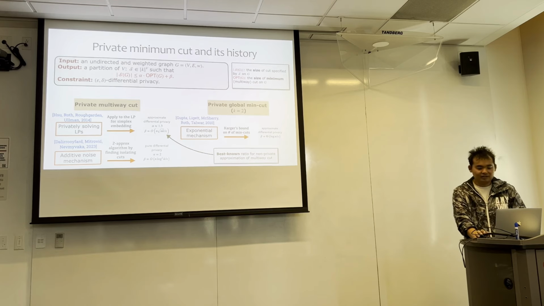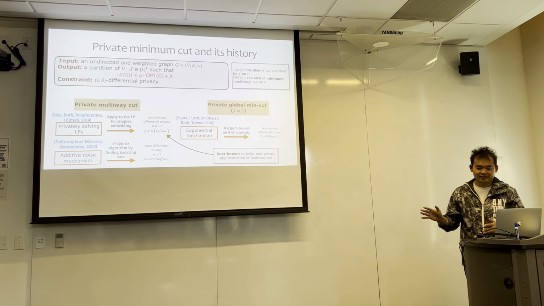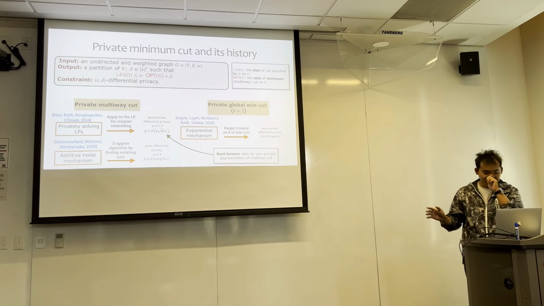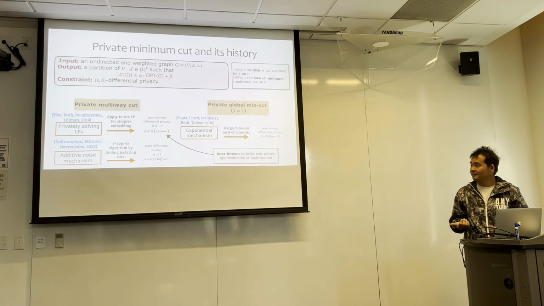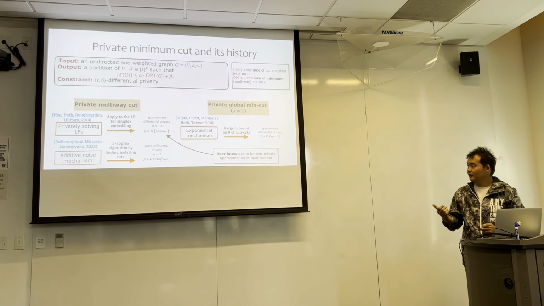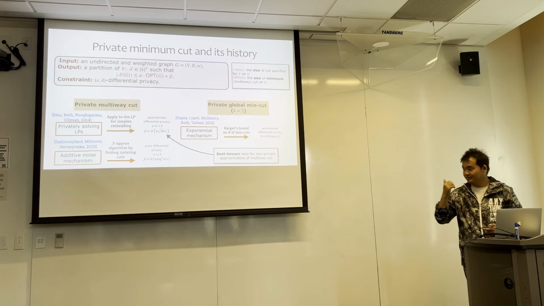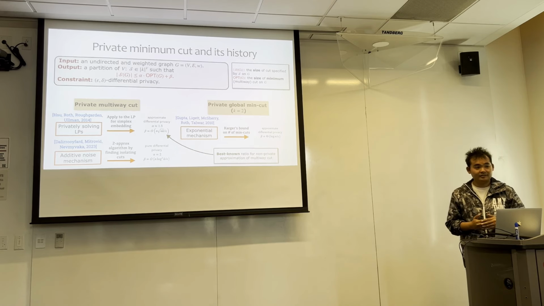For general min cut, when k is 2, Gupta et al. use the exponential mechanism to give an error of only log n. This comes from a clever analysis of the exponential mechanism, using a combinatorial bound on the number of approximate min cuts.